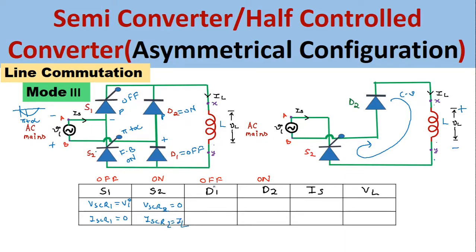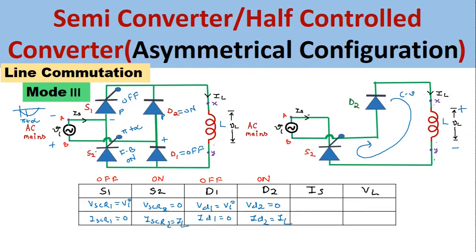Now we will take the D1 diode. D1 diode is off, that means the current through this device will be 0, and the voltage across the device will be equal to Vi. Now we will take the D2 diode. D2 diode is on, that means the voltage across this device VD2 will be equal to 0, and the current ID2 is equal to the load current IL.